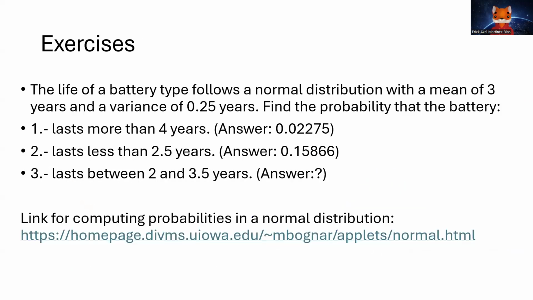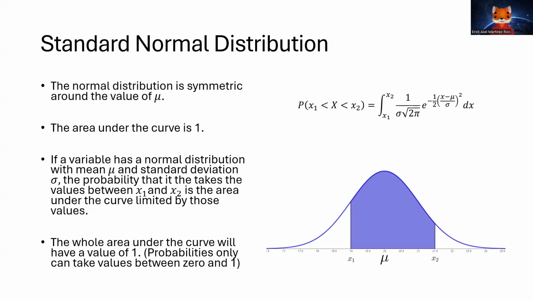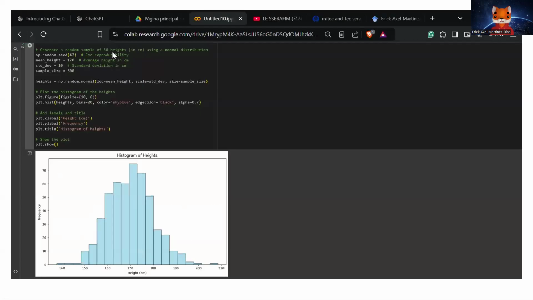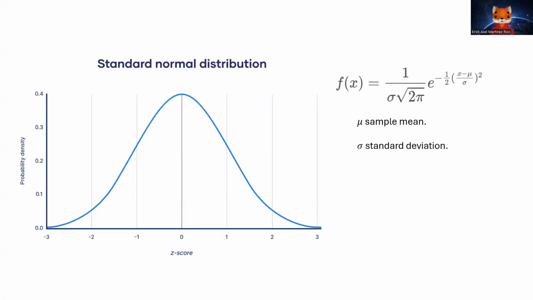So well, typically we can compute the probabilities of a standard normal distribution using this formula. Okay, but that will be the topic of a later video. The important factor here is that this behavior of a normal distribution is quite essential.